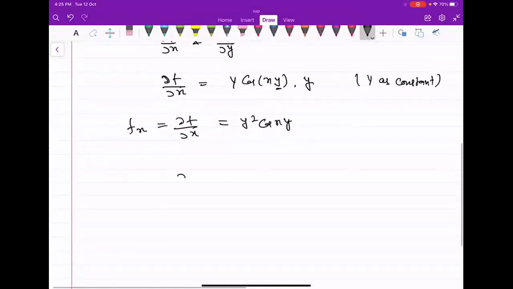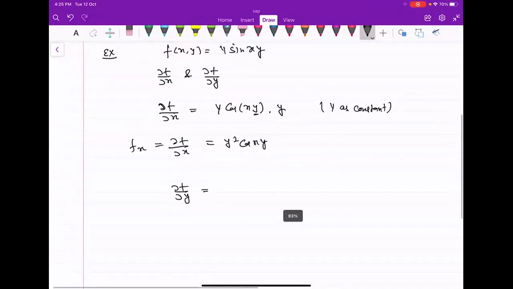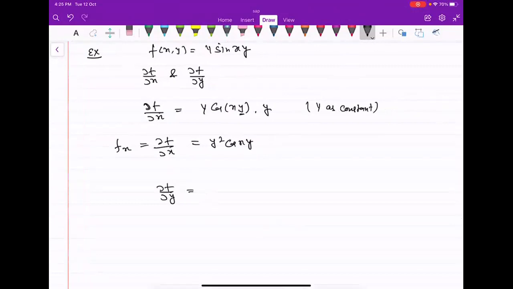Okay, now compute del f over del y. So whenever you are computing del f over del y, then treat x as constant. So this is y, differentiation with respect to y. It is a product of the functions y and sin(xy).